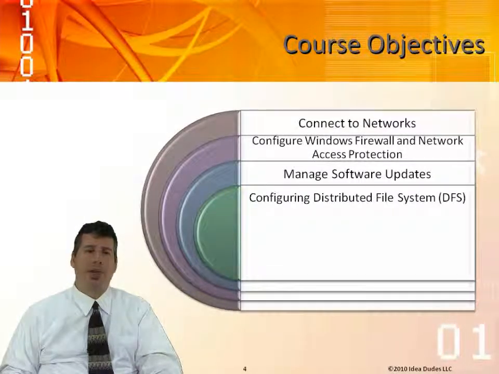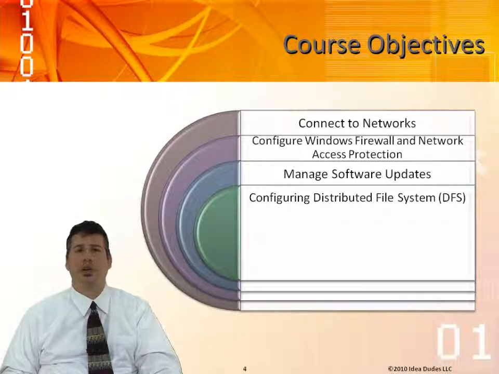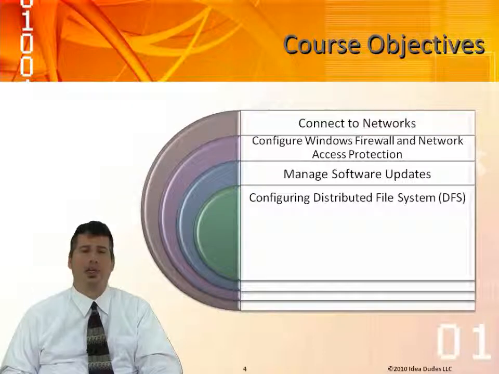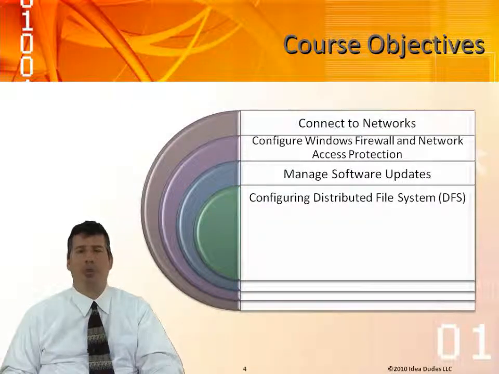And then configuring distributed file system. Distributed file system has been there since 2000. 2003 had some problems, but 2008 just rocks because we have DFSR, distributed file system replication.